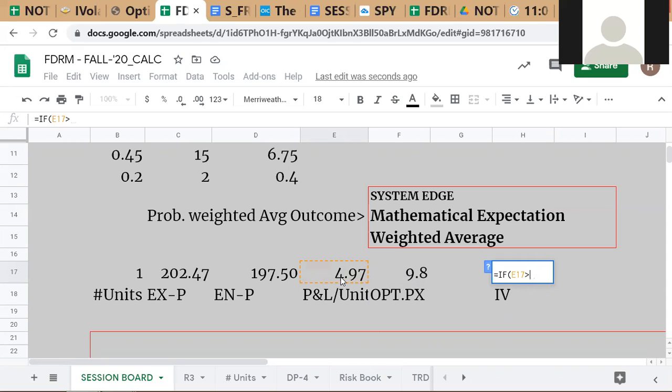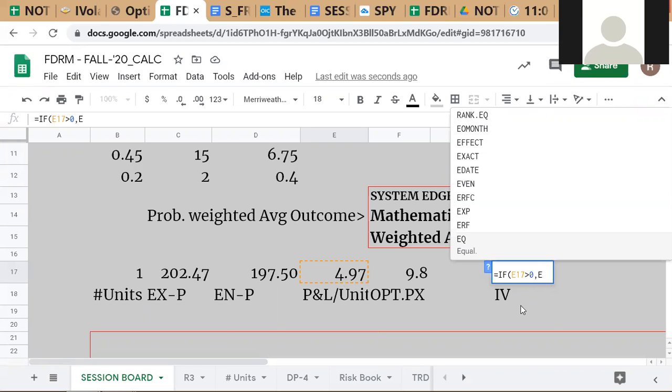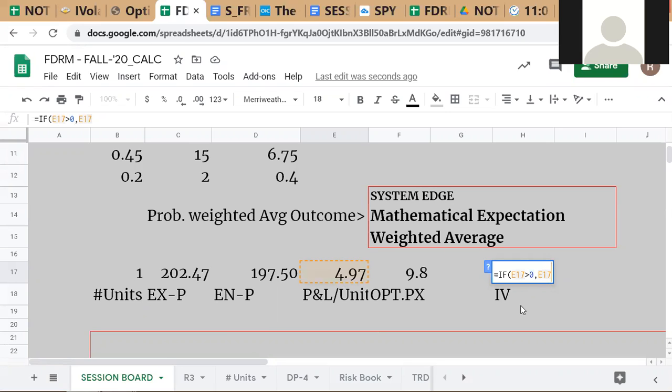If this greater than 0, I think I'm making a syntax error actually here. Then, if this is greater than 0, then I want E17, else I want 0. That's basically it.